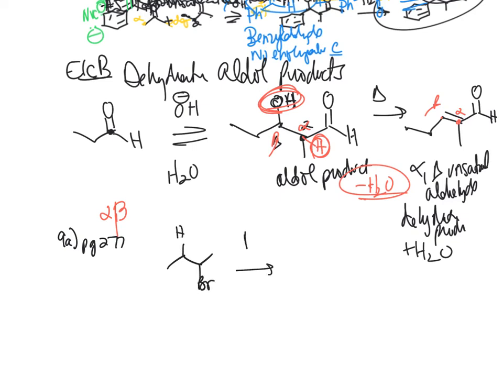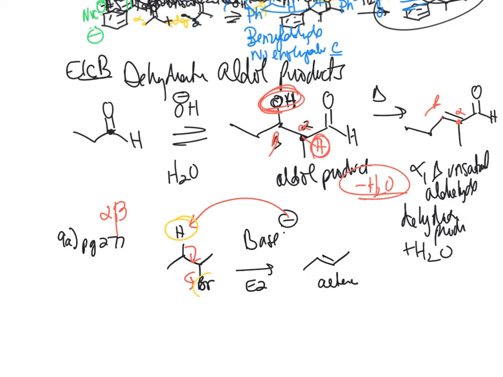So we've done this. You do the base, and it's an E2, and the base comes here and takes this hydrogen away and those electrons. Bromine is your leaving group, and you form an alkene. Okay, what two groups are eliminated in order to form the alkene?